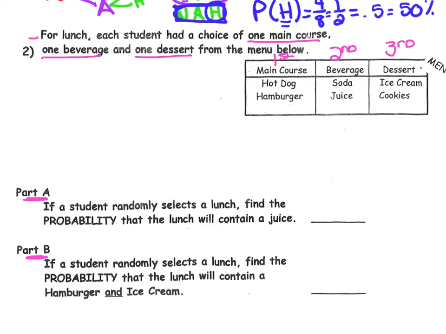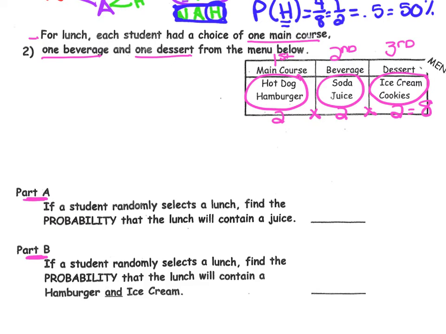So that means we have 1, 2, 3 pools. Now, 2 elements in our first pool, 2 elements in our second pool, and 2 elements in our third pool means that there are 8 possible outcomes for different combinations.